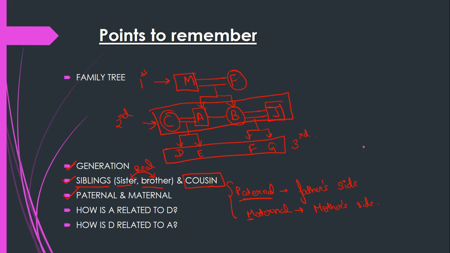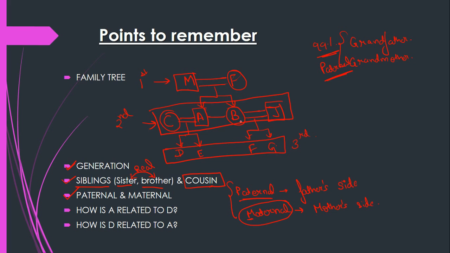Sometimes when you come across the word grandfather or grandmother, 99% of the time they denote the paternal grandfather and paternal grandmother. When it is written maternal grandfather or maternal grandmother, then the relation is towards the mother's side.